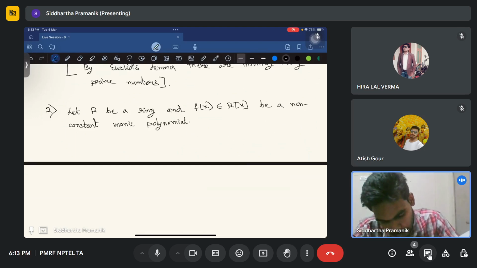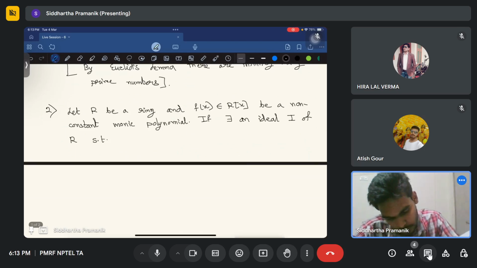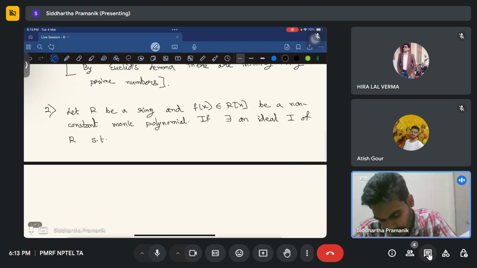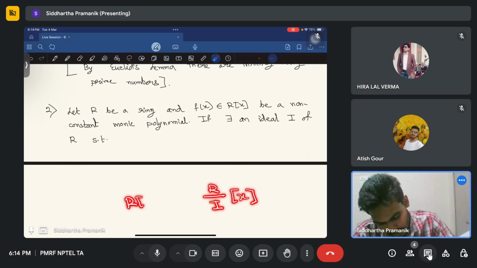If there exists an ideal, let's say I of R, such that... I is an ideal of R, right? So we can take the quotient ring R mod I, and we can take the polynomial ring over that, and from R[x] to (R mod I)[x] we have a natural map. What is the natural map?